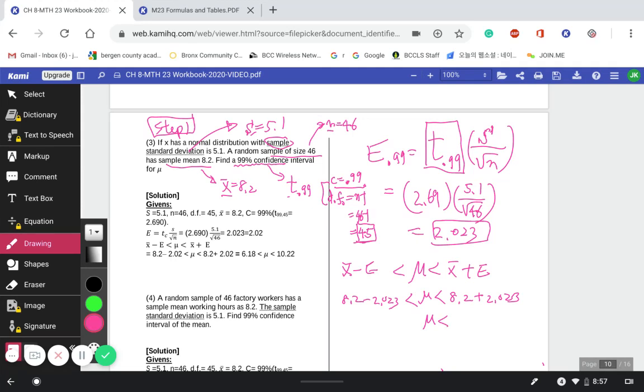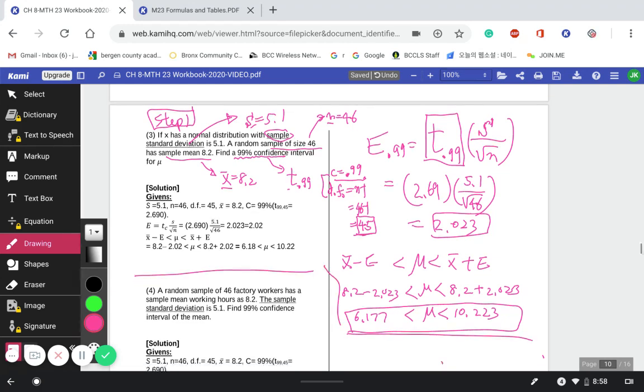So the actual range becomes 10.223, okay, with 6.177. So that's the final answer. So they are saying approximately between 6 and 10. If you round it off, that's fine too. Okay. So that's how you do example 3.